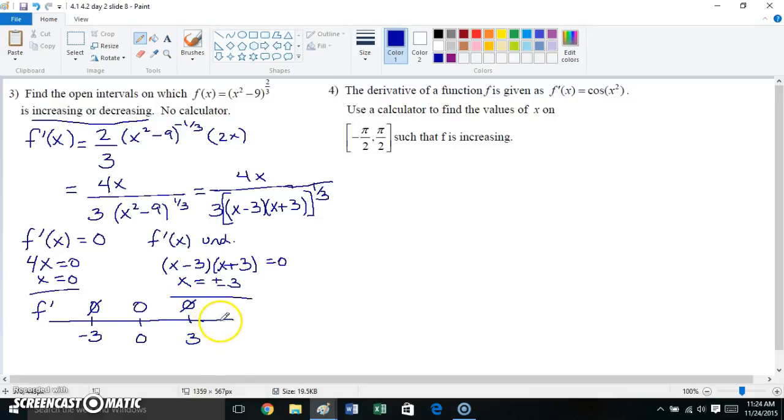All right, I'm going to think about what's happening on each of those intervals. And I like to think about this expression as a related polynomial. It's not a polynomial, but the related polynomial, meaning the polynomial that has all the same factors: 4x, 3, x minus 3, x plus 3 to the 1/3.